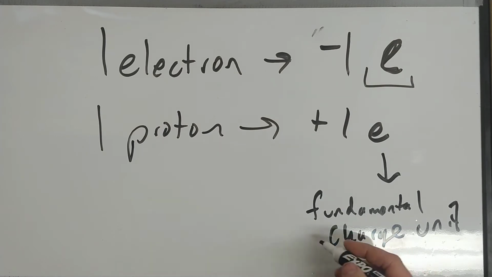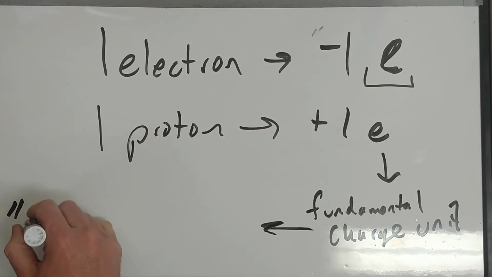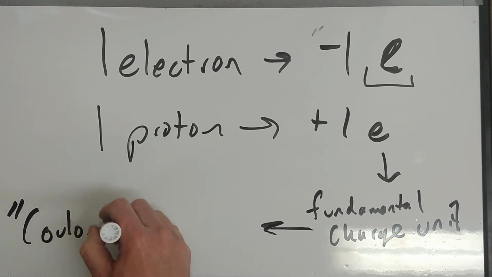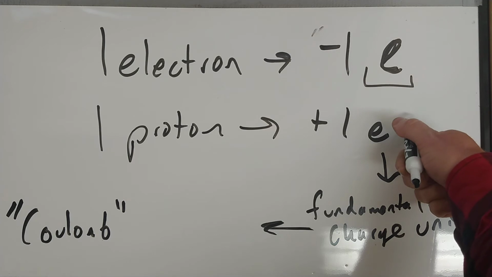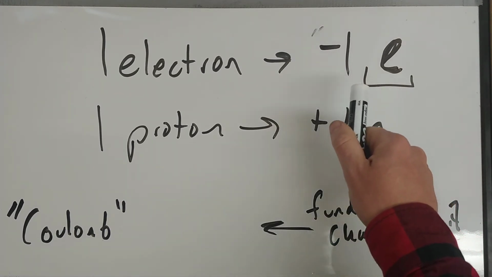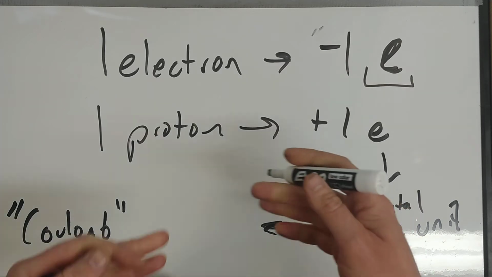Now, I will say later on, we're going to learn another charge unit called a coulomb. A coulomb is actually the scientific base unit. It turns out that when we actually talk about charging objects, this number is way too small because we're transferring trillions of billions of electrons when we charge something.